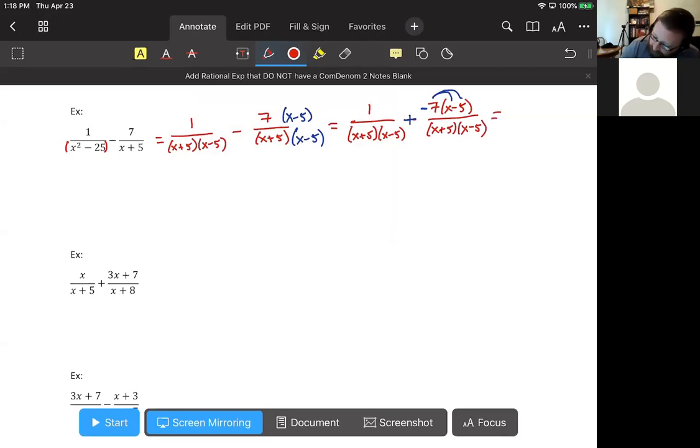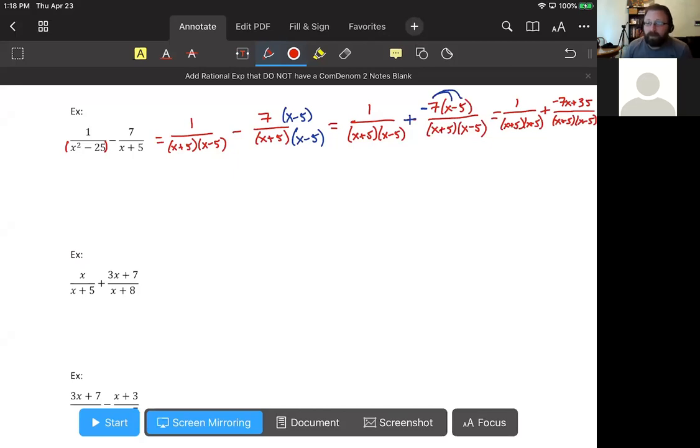So that would give us 1 over x plus 5, x minus 5, plus negative 7x plus 35 over x plus 5, x minus 5.